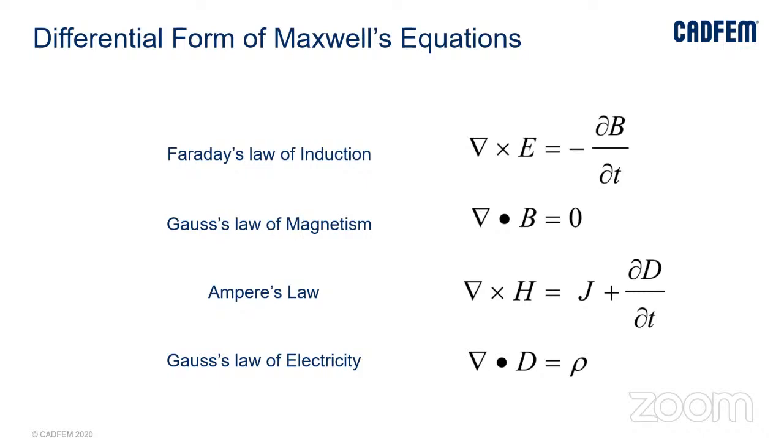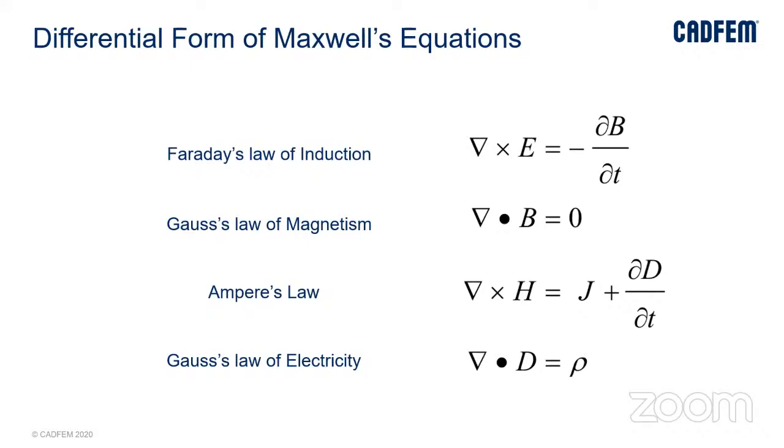Because in electricity there is a monopole, like a positive charge and a negative charge, and there is always a flow from the positive charge to the negative charge. Whereas the same thing will not happen in magnetism, because there is always a dipole.